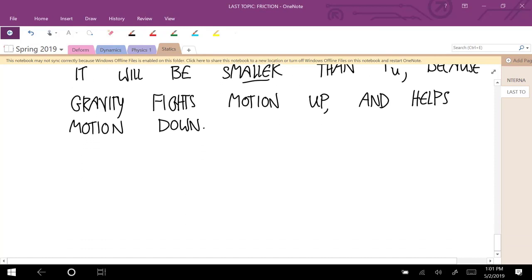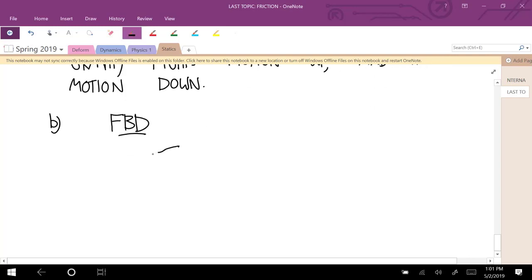Okay, so let's draw a free body diagram again. This is part B. Now we don't have the force pushing up. We only have the force pushing horizontally to make it go down the ramp. That's FD.